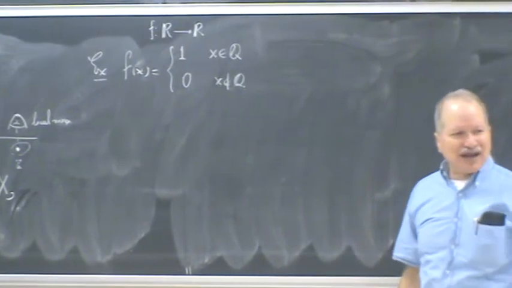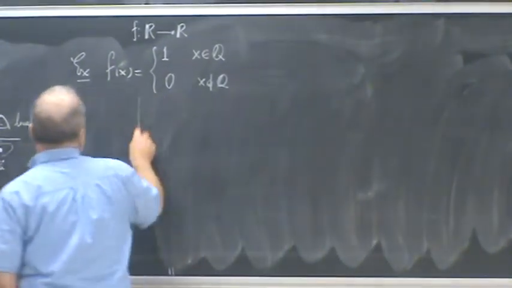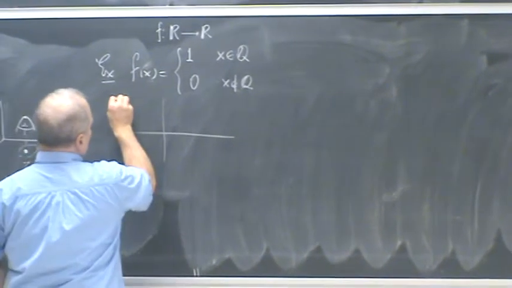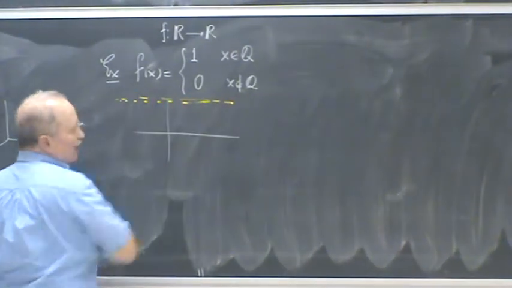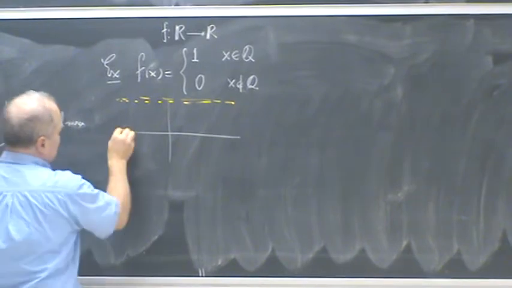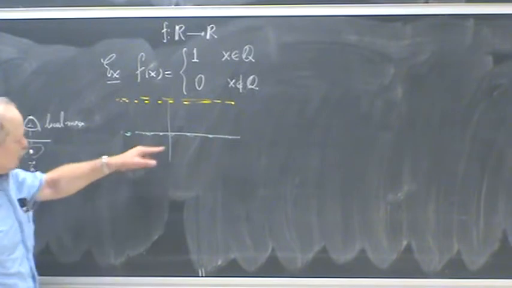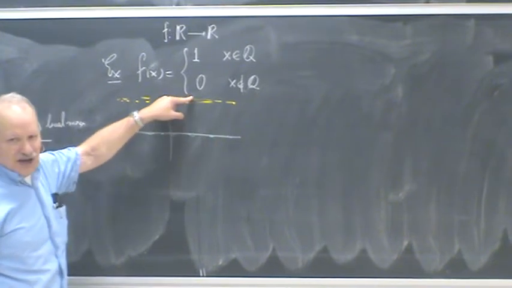You have a graph in your head for that? So at all the rational points, the function's up there, and at all the other points, it's down here. Notice I was very careful. There's a dot if and only if there's not a dot there.